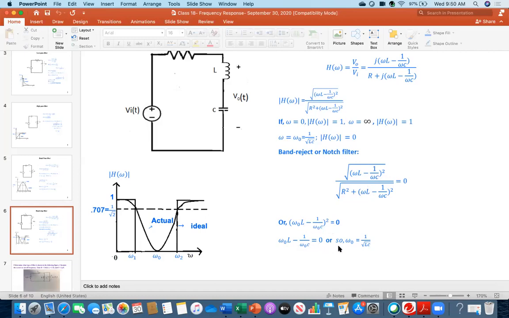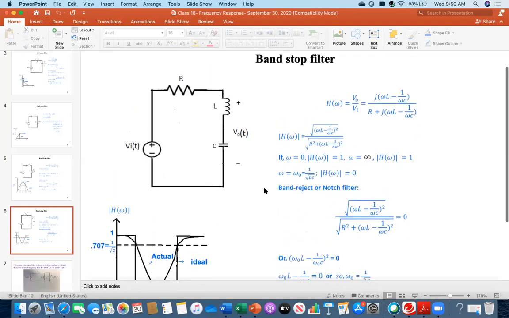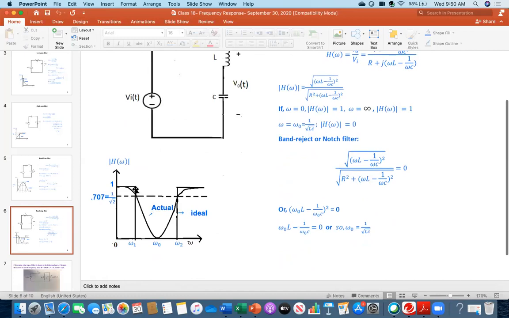Ultimately, from the calculation, you get omega naught equals 1 over root LC. This is the resonant frequency at which the value of the transfer function is 0, and this is for the band stop filter. Because it looks like a notch, like a hole, it is sometimes also called the notch filter.